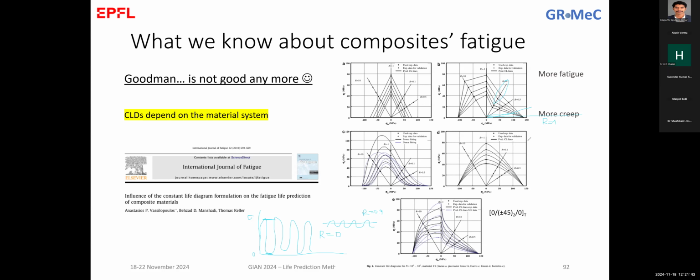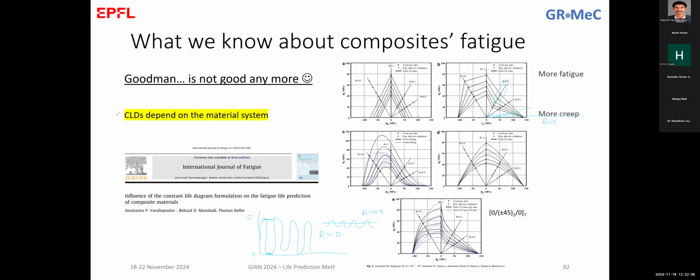And there is the curve that corresponds to pure creep. This is a curve corresponding to pure creep. So this is what we saw here, that the constant life diagrams also give information regarding the creep component that we have on the material.